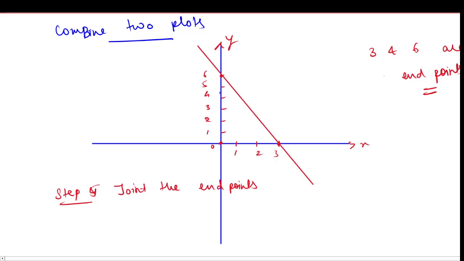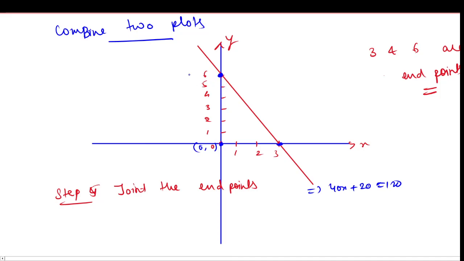So this is how the graph will look like. These are endpoints. So this is equal to 40x plus 20y equal to 120, and we know that 0 comma 0 lies in the lower plane.